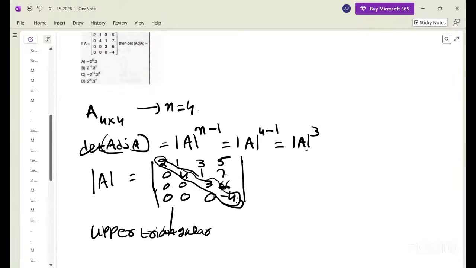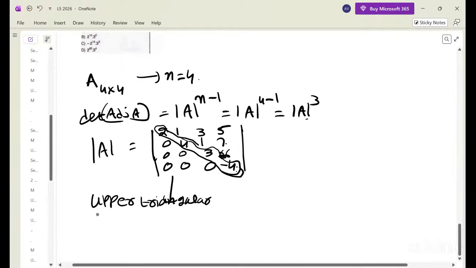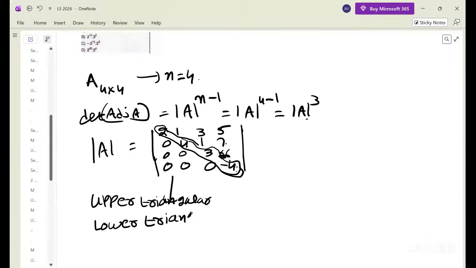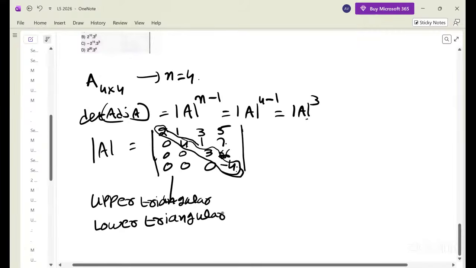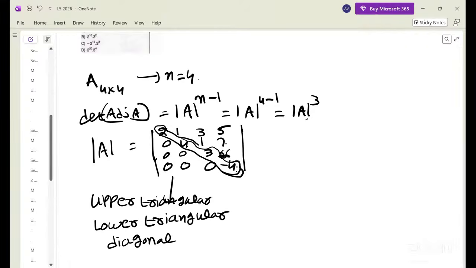So there are 3 types of matrices: upper triangular, lower triangular, and diagonal. Lower triangular means above, all these are zeros. Suppose above is also zero and below is also zero, then it is called diagonal.